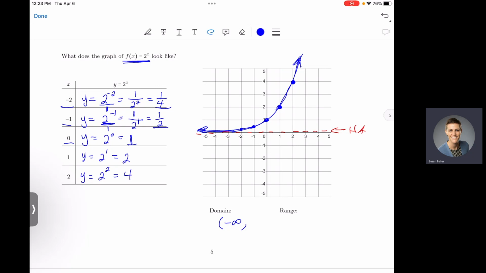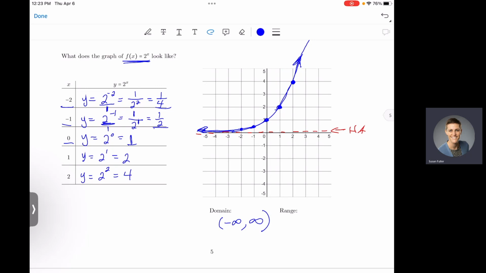So eventually 3 is going to be covered, and then 4 is going to be covered, and then eventually 5 is going to be covered. It's going to keep on going, and it's going to keep covering x values. It's going to take a very, very long time, but this is going to cover x values all the way up to infinity. So our domain here is -infinity to infinity.